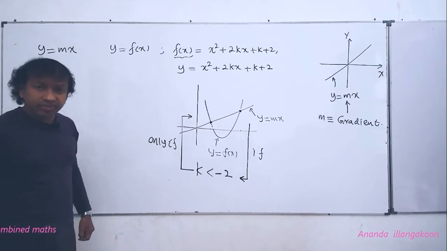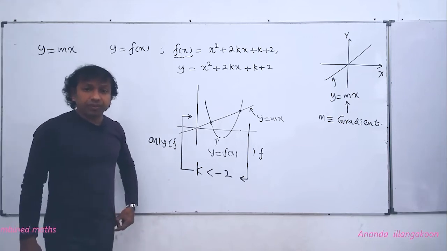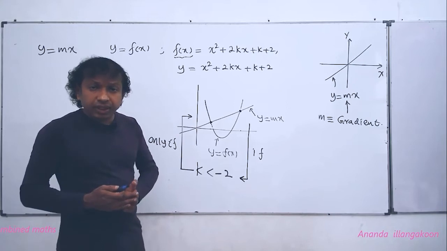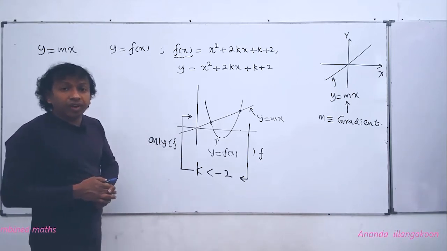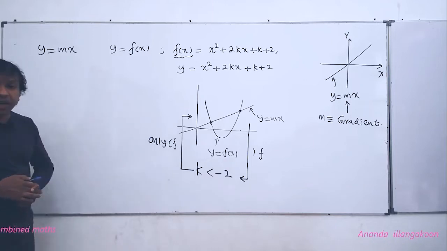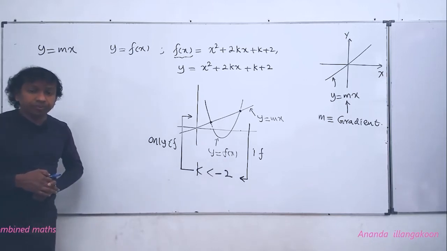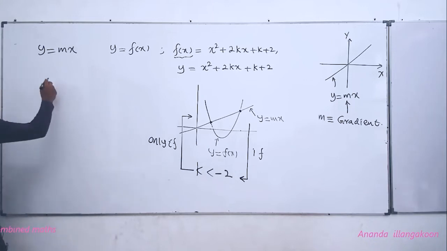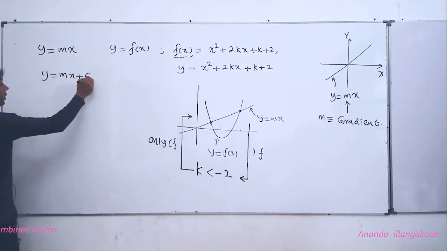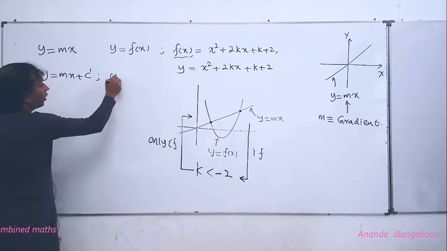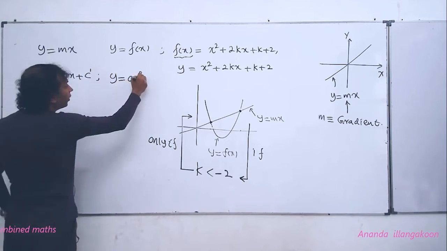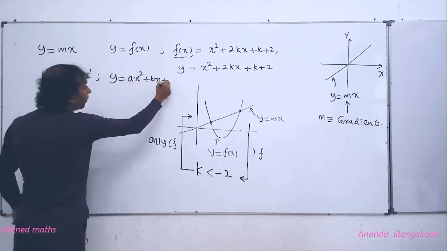Then I'll recall the theory we discussed last time. What is that, people? Intersection of a straight line and a quadratic graph. People, you can remember, we finally did only one theorem regarding this intersection. What is that? When we have a straight line y equals mx plus c dash, I think I took, and another graph like this, a x squared plus b x plus c, right?